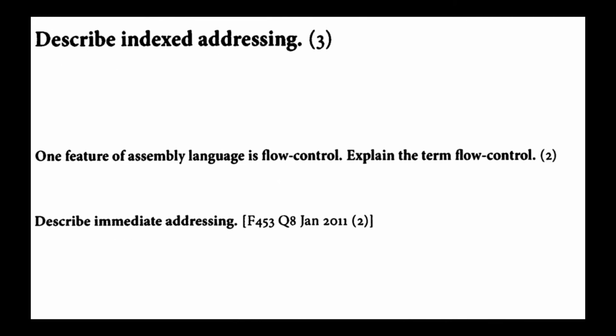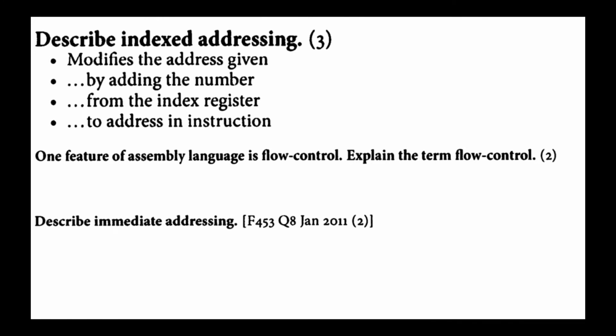Describe indexed addressing. It modifies the address given by adding a number from the index register. So indexed addressing uses the index register to address, by adding a number from the index register to the address in the instruction.